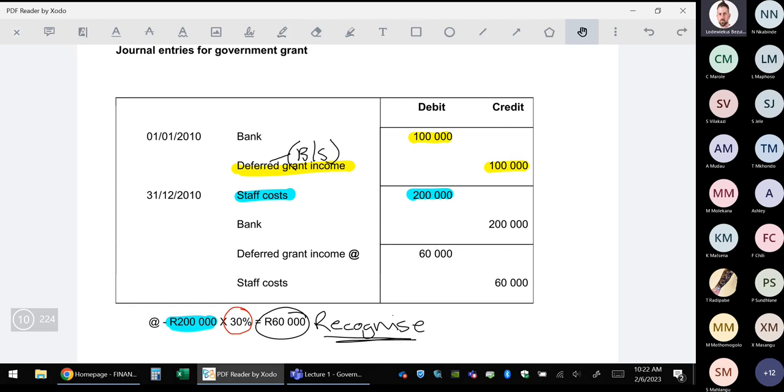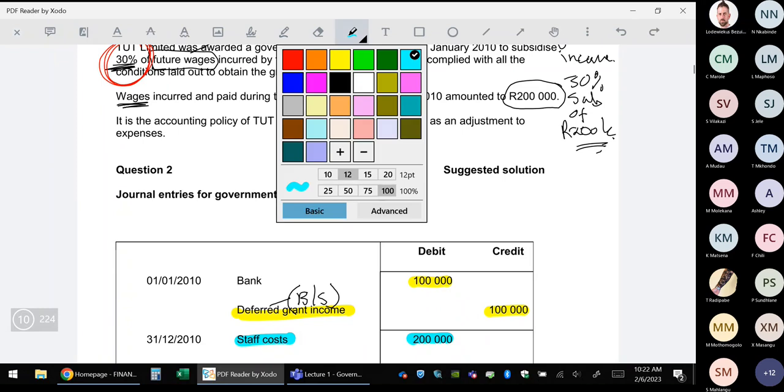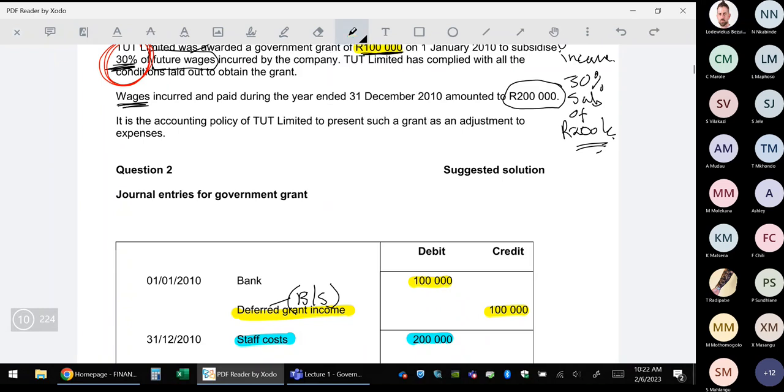I debit deferred grant income with 60, and this is offset against the expense because the question said represent the grant as an adjustment of the expense.